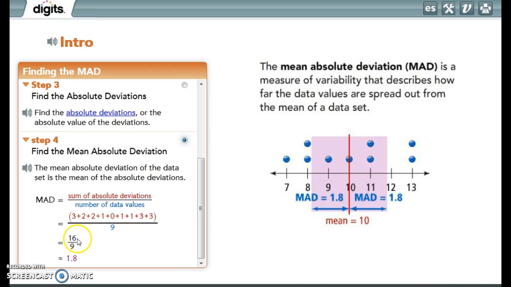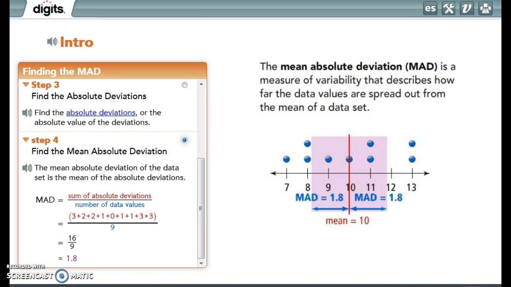So that means we're going to take 16 divided by 9, and when we take 16 divided by 9, you'll see that that gives you about 1.8 as your mean absolute deviation. And so what that's telling you is that on average, most of the data values are about 1.8 units away from our average, which is 10.